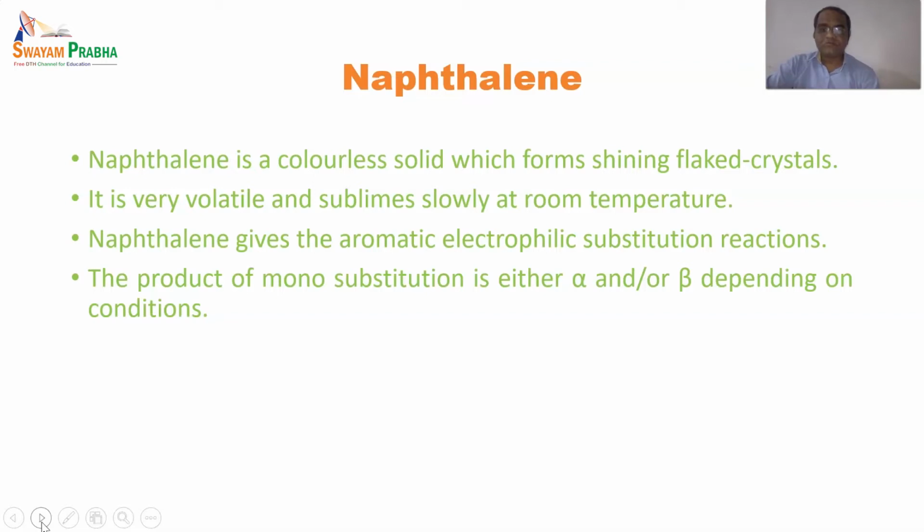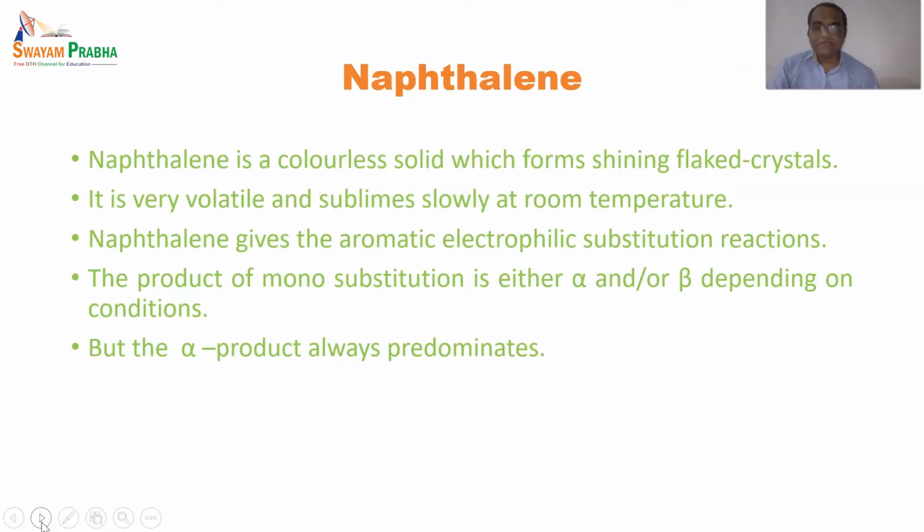The product of monosubstitution is either alpha or beta depending on the conditions. In case of alpha and beta substitution, as we have seen, there are only 2 types of substitution, most often alpha and beta, but alpha always predominates.